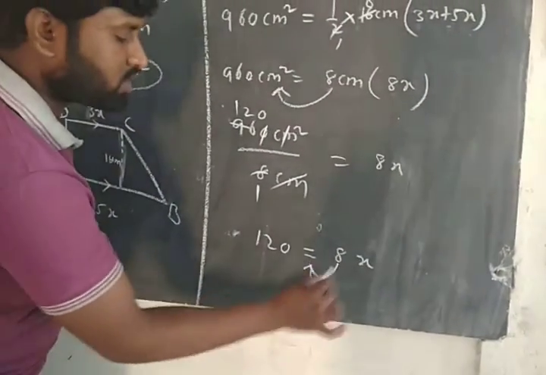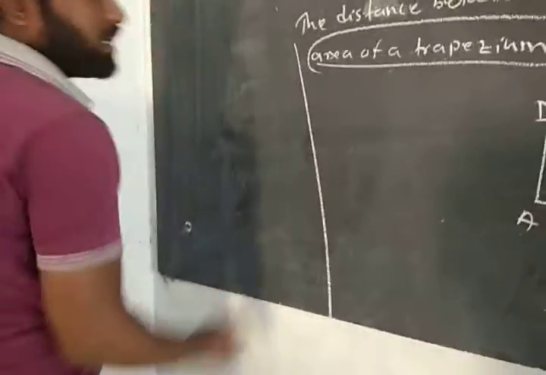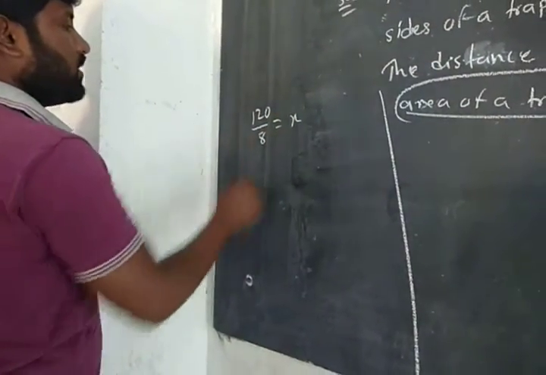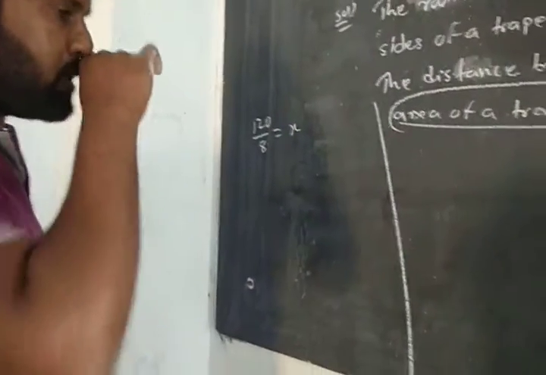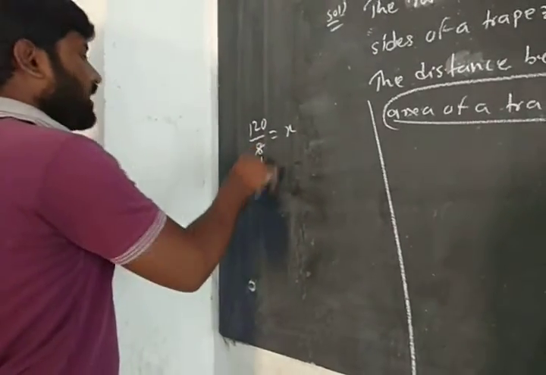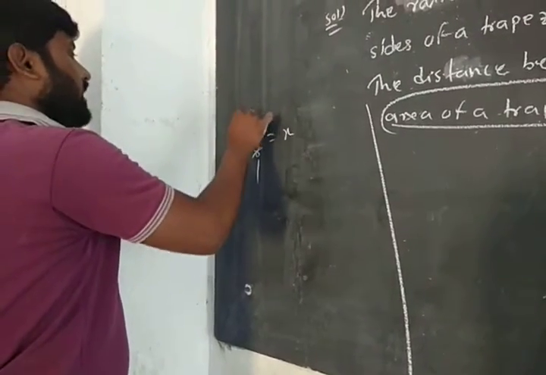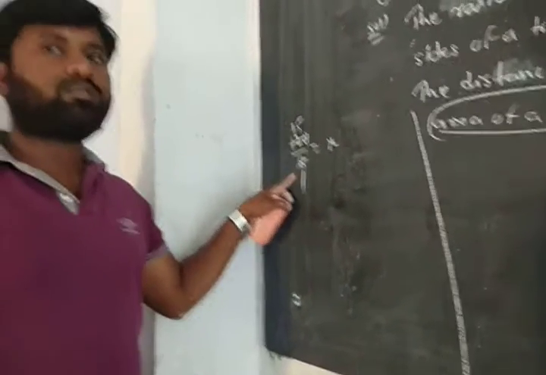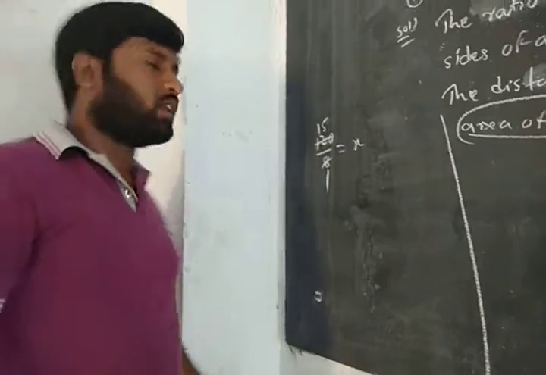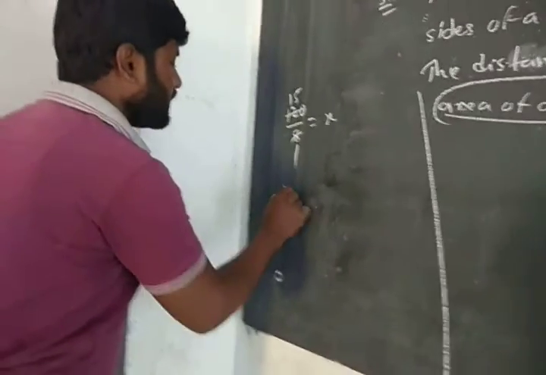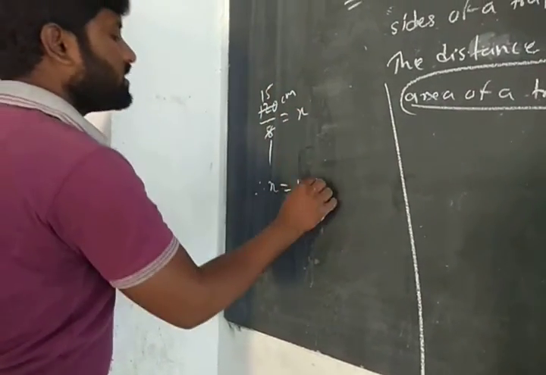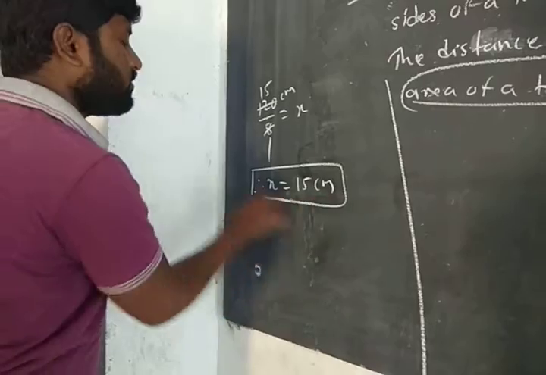If we transpose this 8 also, we get 120 by 8 is equal to x. 8 ones are 8, 8 fives are 40, so 15 eights are 120. Then we get x is equal to 15 centimeter.